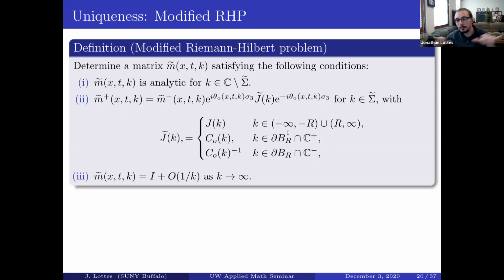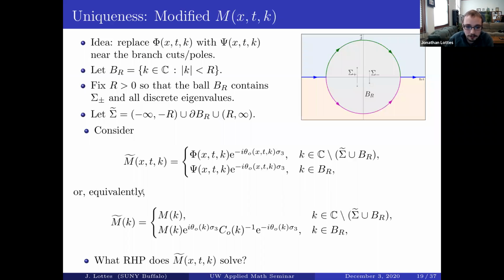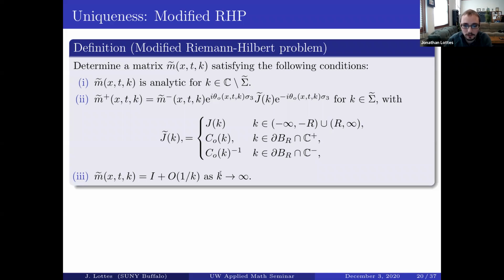If I'm on the real axis outside the ball, then M tilde is the same as M, and so it satisfies the same jump condition. If I'm on the boundary of the ball, the definition of this M tilde makes it pretty clear. It's just quick algebra to see what the jump condition should be, and it's either C naught or C naught inverse. And then again, for the same reason, since M tilde matches M outside the ball, it has the same normalization at infinity. It goes like identity.